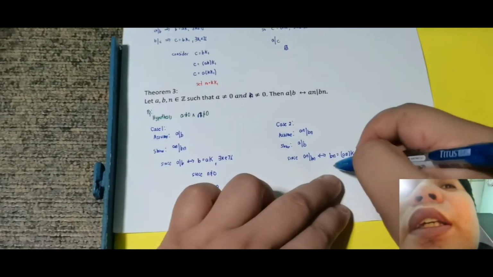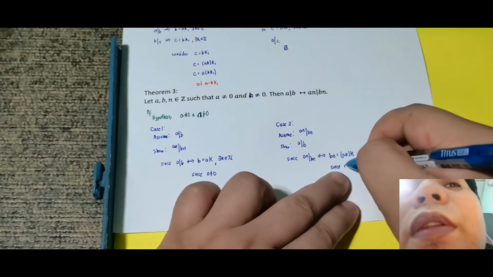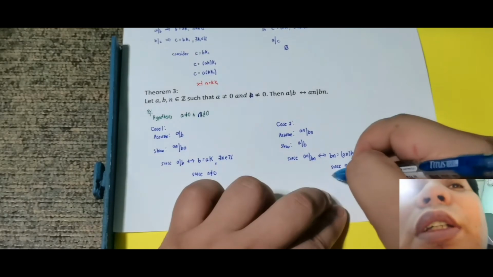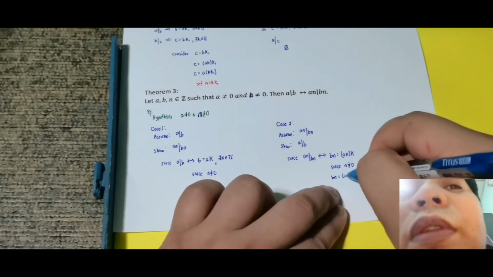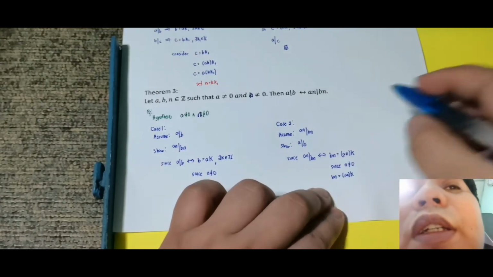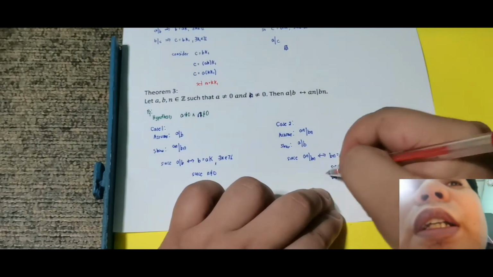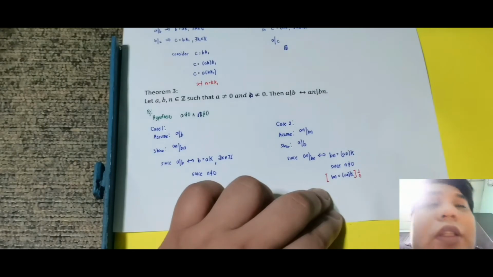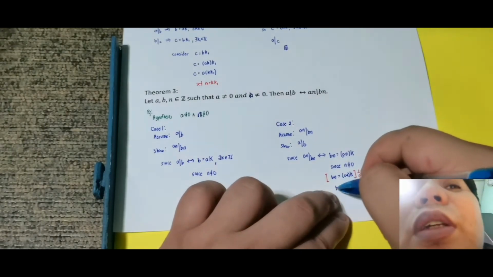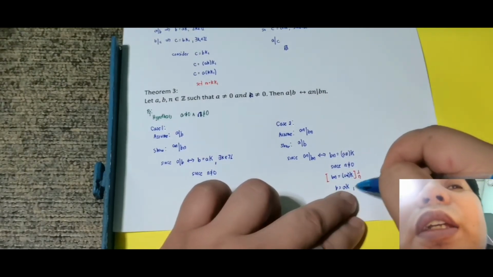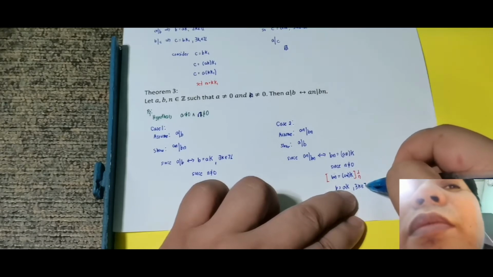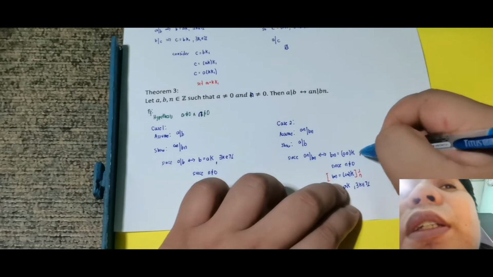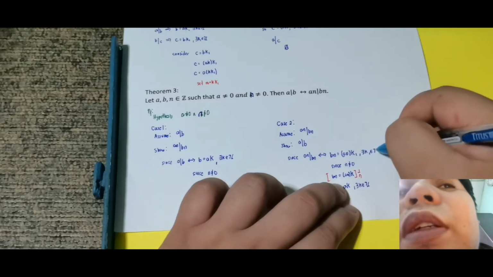Okay, then again, since N is not equal to 0, pwede natin i-divide both side by N yan. So, ang gagawin natin is multiply lang natin sa 1 over N yung whole equation. Then, magiging dating niya, that is B is equal to AK. So, for some K element of integers pa rin. So, this is for some K sub 1 element of integers.